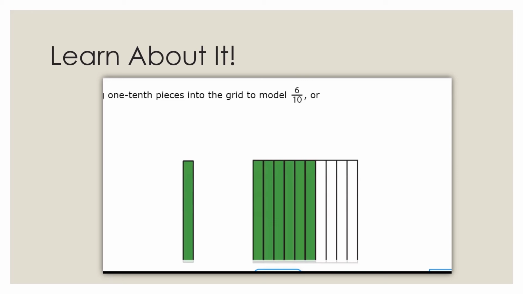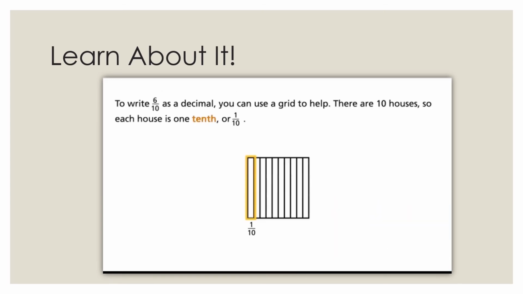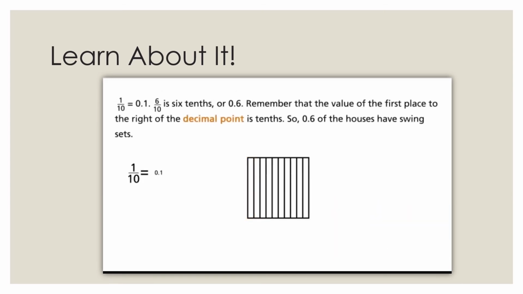But decimals should be read mathematically. 1/10 equals 0.1. 6/10 is 0.6. So again, decimals should be read mathematically. So for example, the 0.6 is actually read as 0 and 6/10, or 6/10.